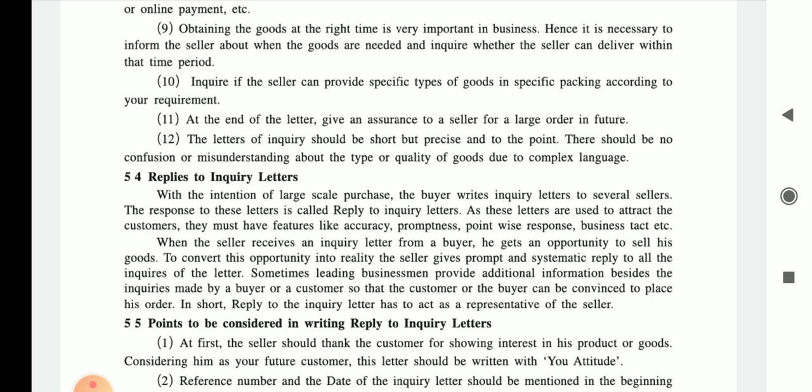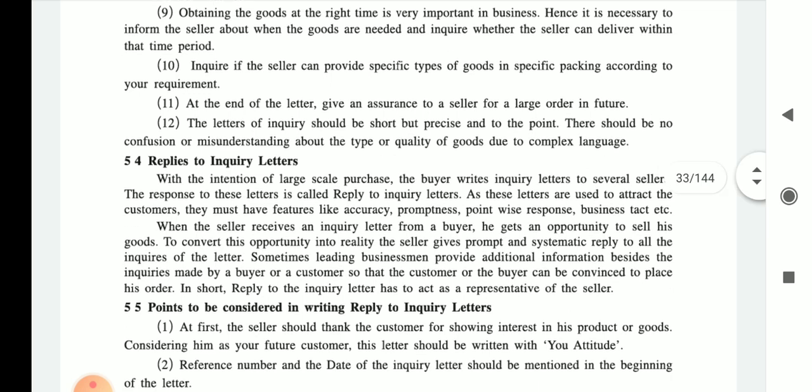Inquire if the seller can provide the specific types of goods in a specific packing according to your requirement. You also have to inquire whether they are able to give a product with a specific packaging or not. If they are not able to make packaging for that particular goods, this is not a very good sign for a businessman.